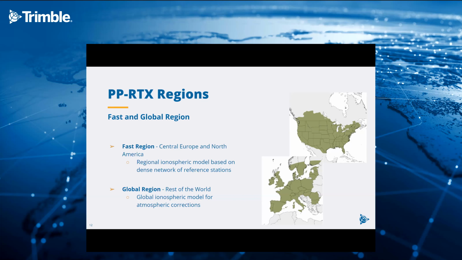The global region corrections are based on a global ionospheric model, while the fast region uses a denser network of reference stations to compute a regional ionospheric model for atmospheric corrections. But all in all, PP-RTX is a service that's covered globally, so you have worldwide coverage and you can use PP-RTX wherever you are.